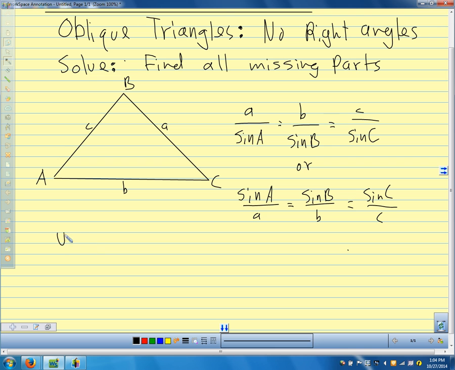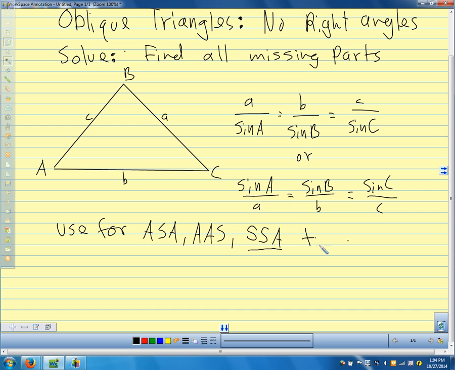So we're going to use them for angle side angle triangles, angle angle side triangles, and we can also use them for side side angle triangles, but we'll talk about those separately tomorrow, because we end up with a special thing we have to deal with for side side angle.